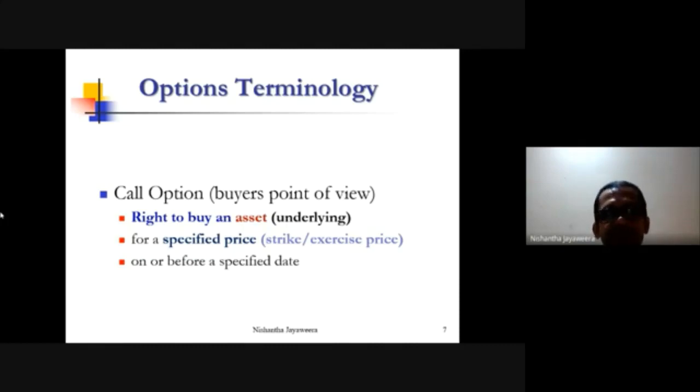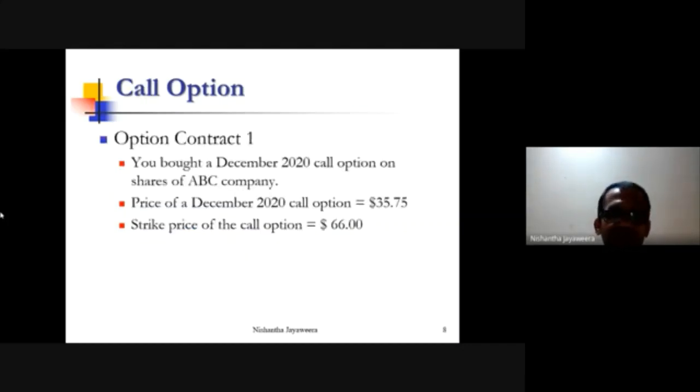If you don't think it is worthwhile, you can just let it go and expire the contract without doing anything. But to get the right, you have to pay the premium whenever you enter into that transaction. So in a call option, the option buyer gets the right to buy an underlying asset for a specified price on or before a specified date.